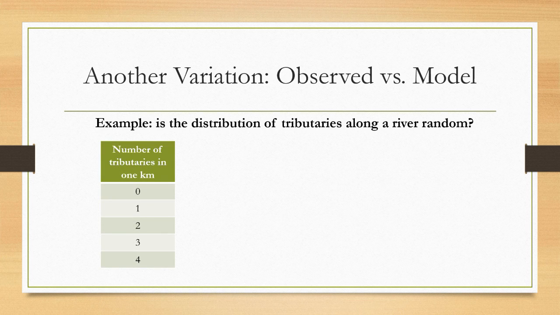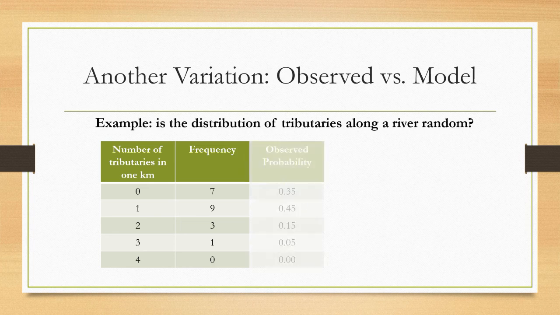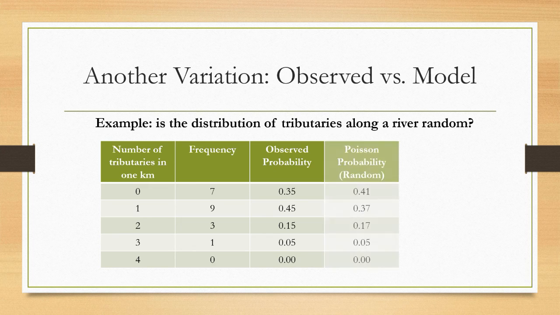The number of tributaries in a kilometer, 0, 1, 2, 3, 4, so those are our classes. The frequency, where we've got 0 tributaries in a given kilometer, 7, 1, 9, 2, 3, etc. So we've got our empirical data, and then our observed probability, just converting that to a probability. You can see that there.